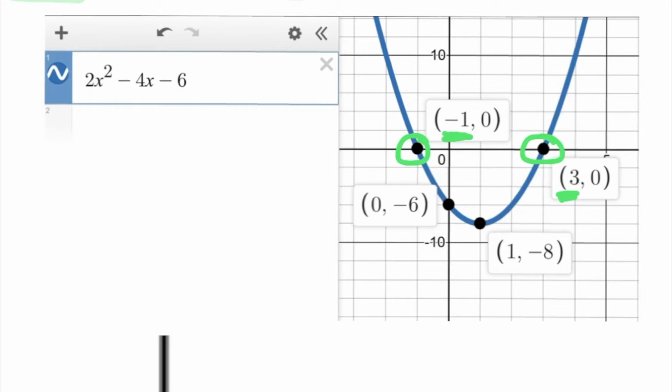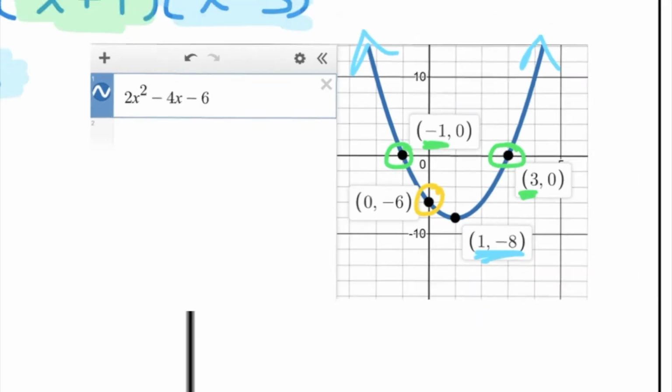And then the y-intercept here at -6, we've already said, and the end behaviors, both ends going up, we already said. You can keep in mind this turning point, or the minimum at 1, -8 when you graph this function.